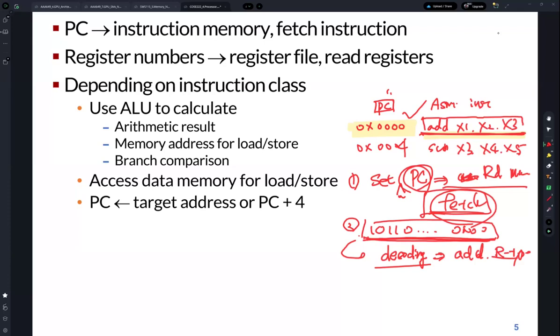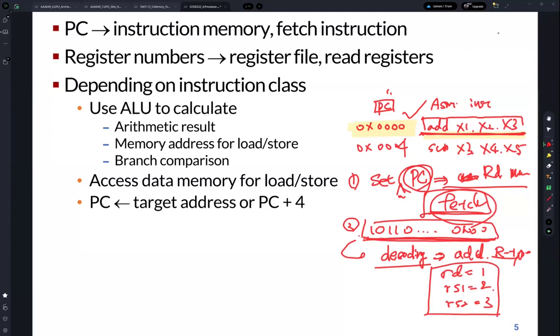If we decode this machine code, then the destination register RD register number is 1, RS1 is 2, and RS2 is 3.